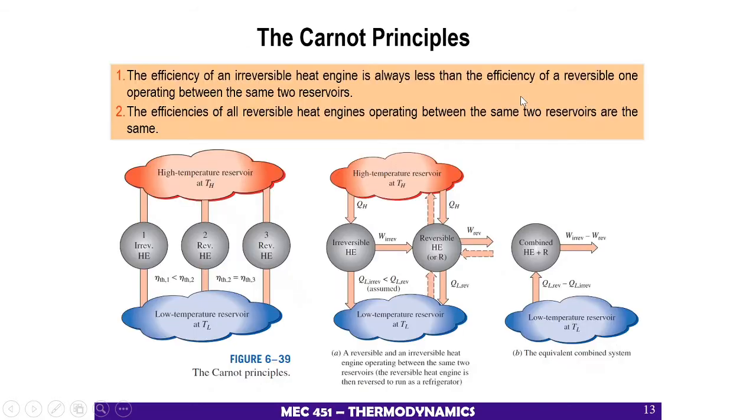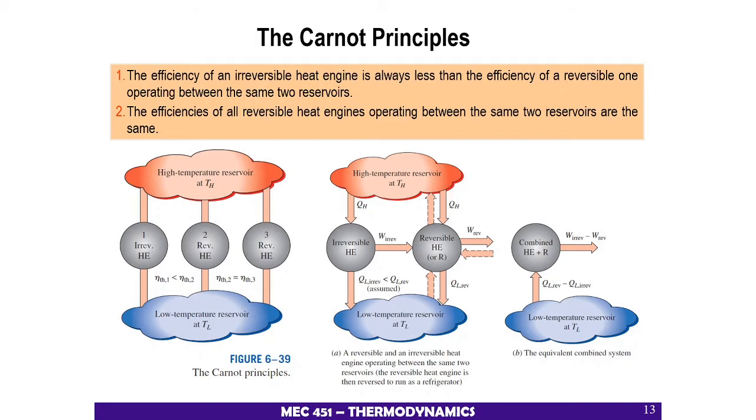Okay, the Carnot principle. The efficiency of an irreversible heat engine is always less than the efficiency of a reversible one operating between the same two reservoirs. The efficiencies of all reversible heat engines operating between the same two reservoirs are the same.